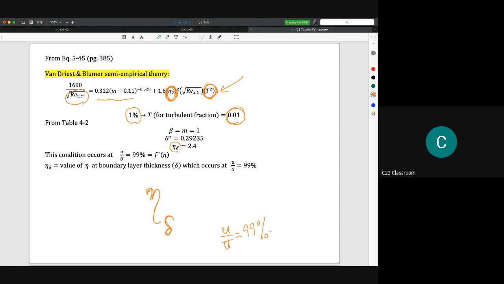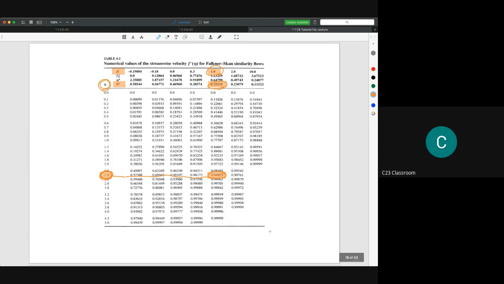If you refer back to the Blasius solution, the f prime is u over U. That is why we take the value from this column, because this is the column for beta equal to 1. From this column, we take the value nearest to 99%.